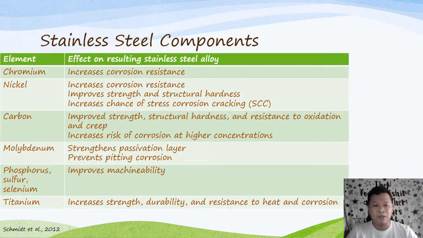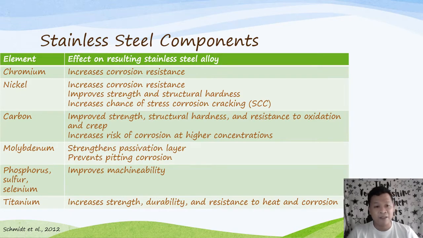But too high concentrations increase risk of corrosion, so you need to strike a balance. Molybdenum, on the other hand, strengthens the passivation layer, which is something that prevents pitting corrosion, especially when you are dealing with repeated cleaning with acids or using acidic foods.